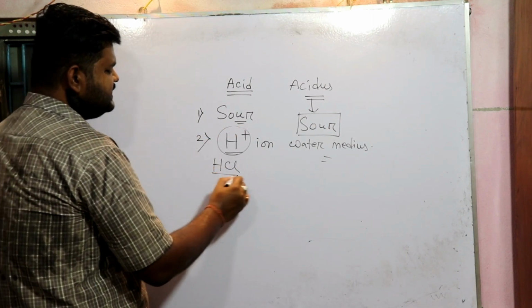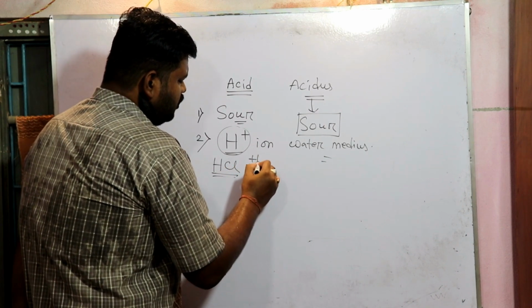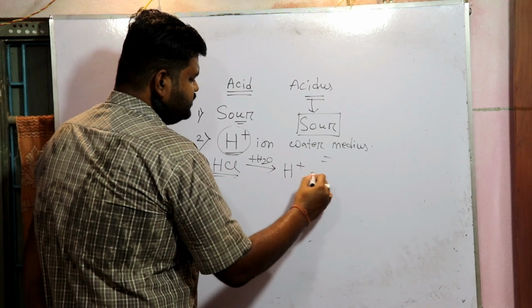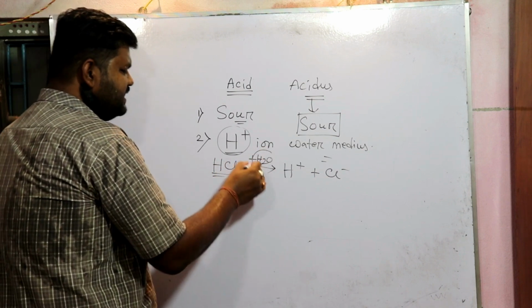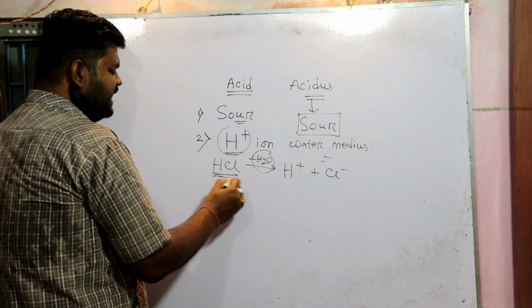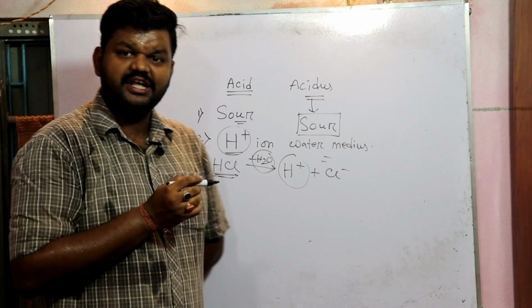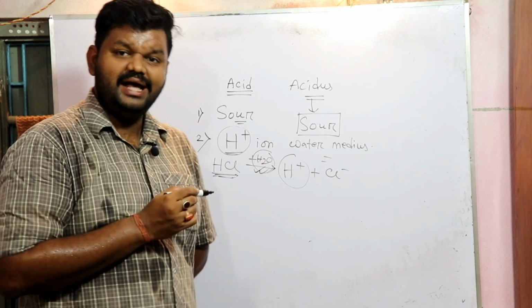When this hydrochloric acid goes into the water medium, it will be dissociated as H+ and Cl-. That means in this aqueous solution, HCl is giving H+ ion. So the substances which give H+ ion in the aqueous medium are known as acids.